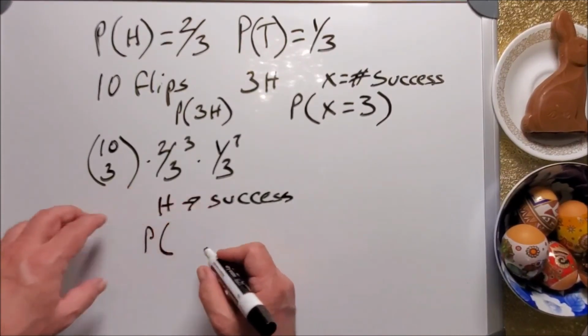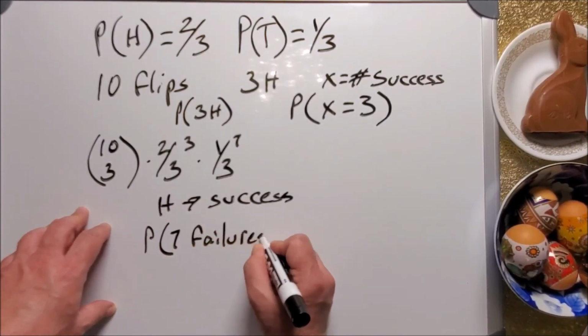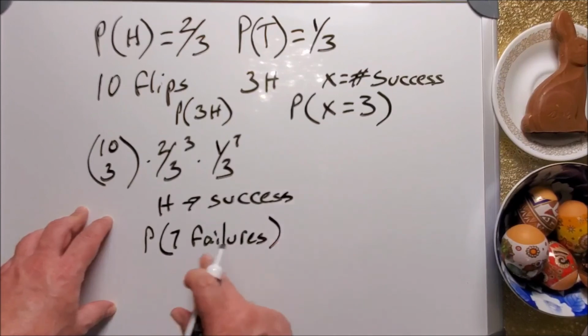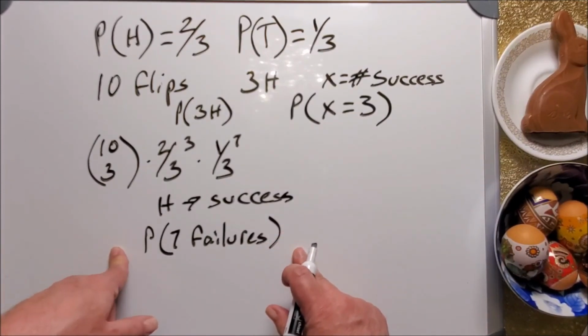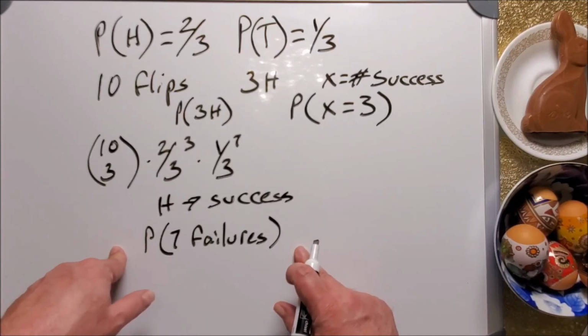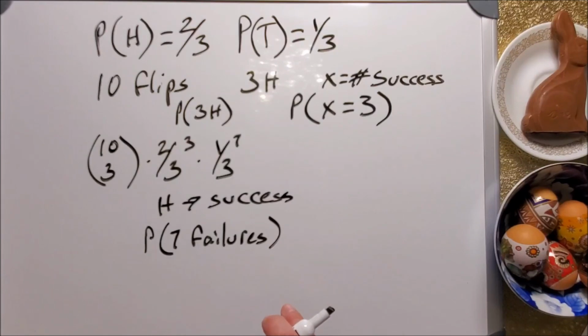I want to know how you set it up. I want to see you calculate it in exactly the same way, and I want you to see what the probability is of 7 failures and whether or not it should or ought to be the same number. So let's try that. I'm going to throw that out, and we'll do a follow-up video with the answer to that, some exercises, and some constraints on binomial probability.